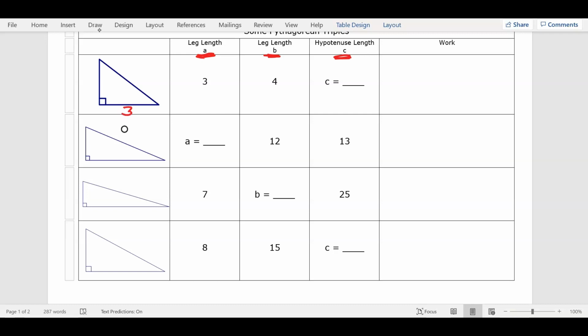One of my legs, okay? B, it says, is 4, so put that as your other leg. Remember, legs are next to 90. Now, C is missing, so put an X there. And C is across from 90, so put an X across from 90, okay?